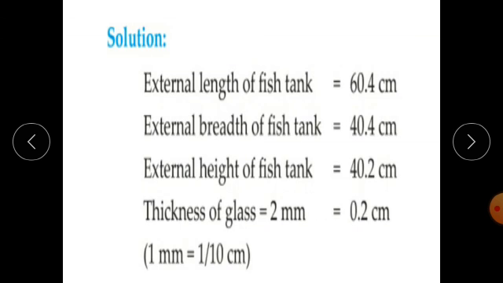Solution. So external length of the fish tank equals 60.4 centimeter. External breadth of the fish tank is 40.4 centimeter and external height is 40.2 centimeter. It is given. And the thickness of glass is 2 millimeter.